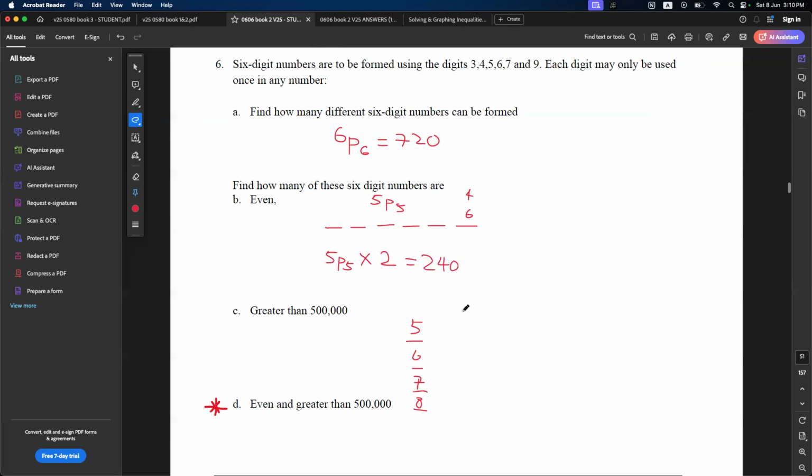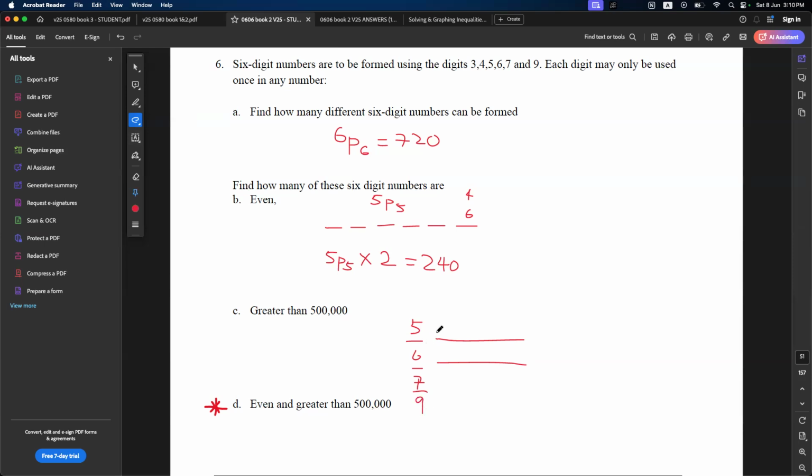All right? Then the third question, greater than 500,000. So for greater than 500,000, I will start with a digit like this, and at the end, the other 5 digits don't matter, right? Oh, sorry, 9.